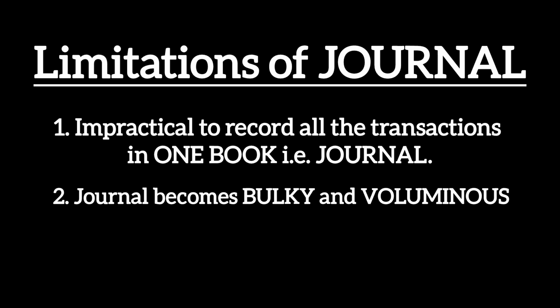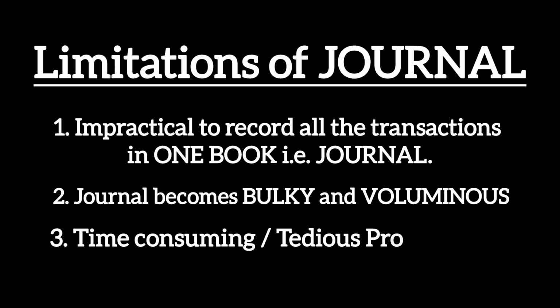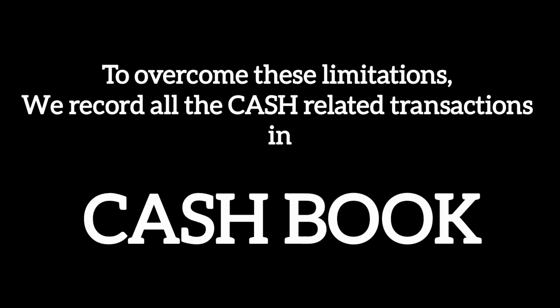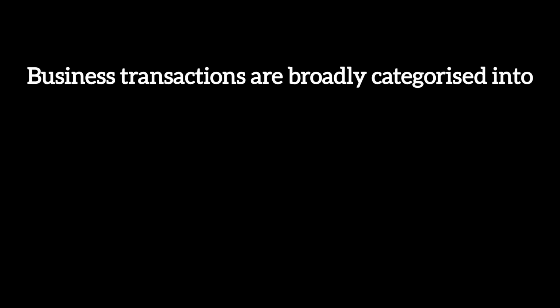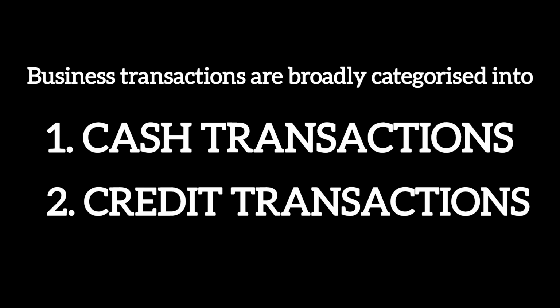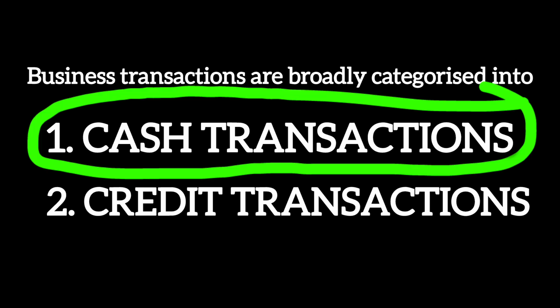So what happens is that we record the cash related transactions in a separate book which is known as cash book. Now, you have to understand that in business, the transactions are broadly classified under 2 categories: cash transactions and credit transactions. All the cash related items, be it cash receipts or cash payments, are recorded under cash book.